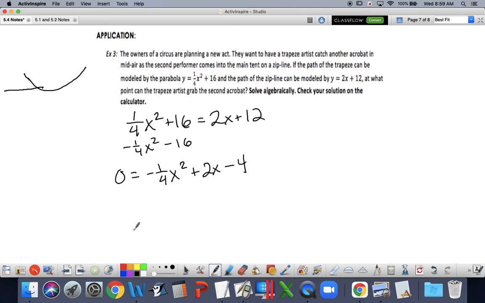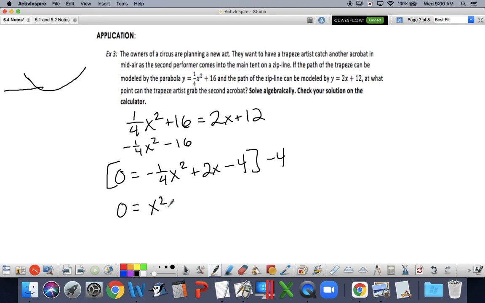Now here's the thing, right? I definitely like working with things that do not have a fractional x squared. So in order to get rid of this fraction and to make it positive, I am going to multiply everything by negative 4. And obviously 0 times negative 4 is still 0, so I'm good there.